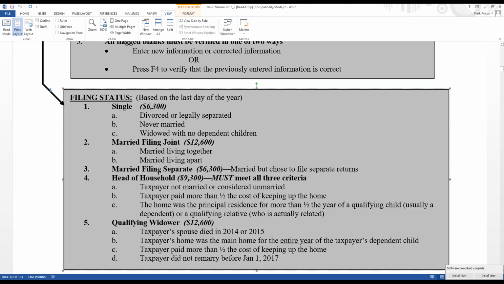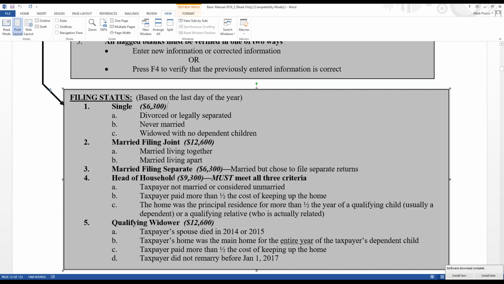However, there's an exception, and in the tax code, there's always a lot of exceptions. This is one exception. If you're married to somebody, but you haven't lived with that person for the last 6 months of the year, and you have a dependent child living with you, then you're considered unmarried for tax purposes, and you can file head of household filing status. So let me repeat that.